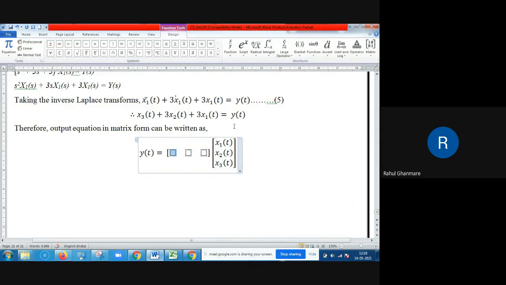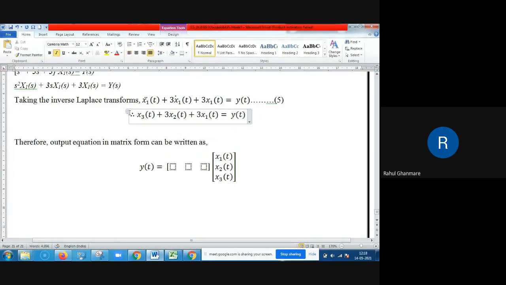Now here you can see, if you rearrange this equation, in this form, so that you can understand easily. Now you can see, this is 3 x1 of t plus 3 x2 of t plus x3 of t is equals to y of t, right? So here I have this variable here, and this is 1.